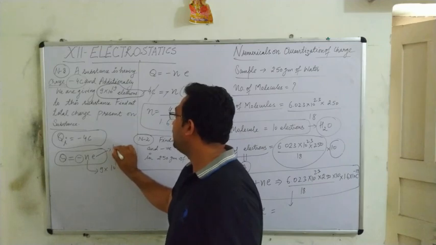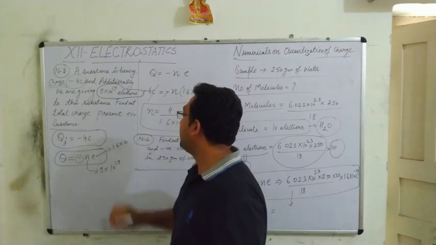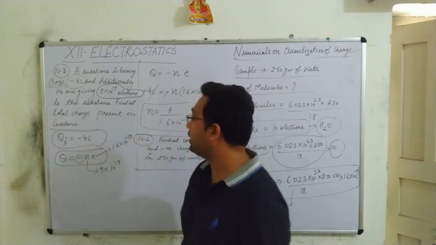Now the value of e is 1.6 into 10 power minus 19.